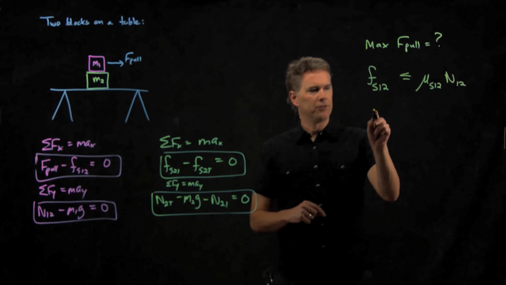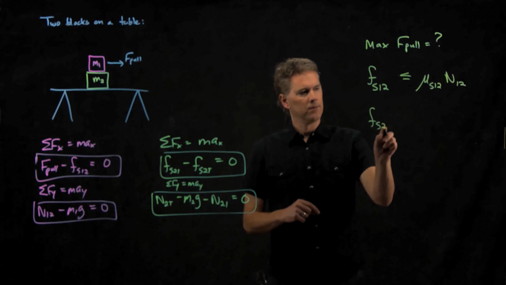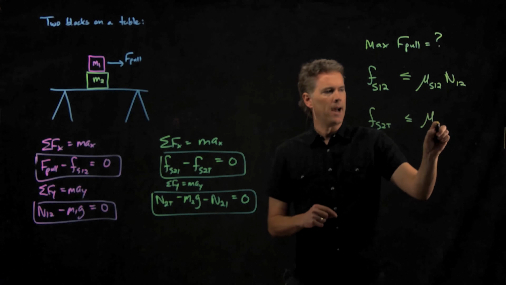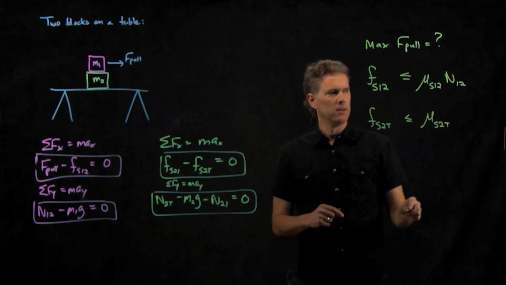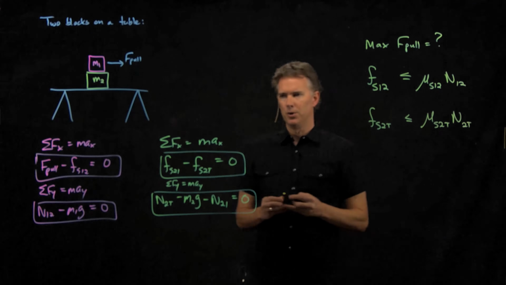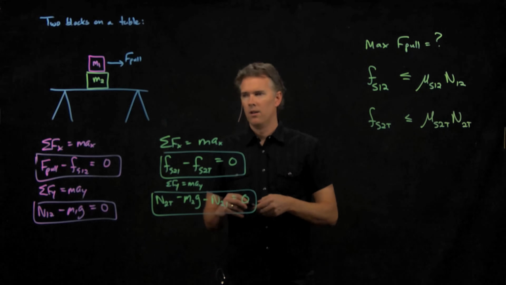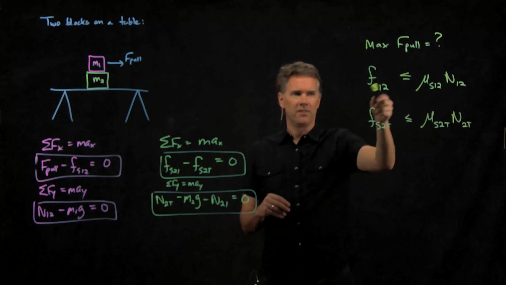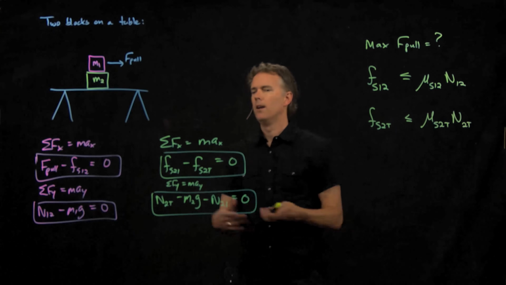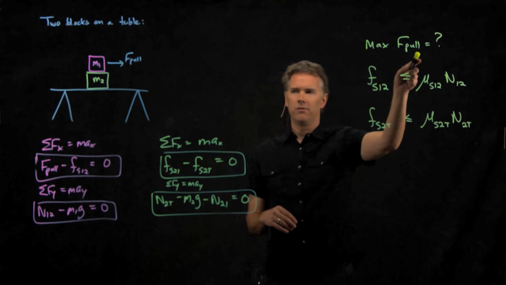And Fs2t is less than or equal to mu S2t times the normal force on 2 due to the table. So how do you figure out the max pull? You set these to the maximum. Okay? You set them to equal, and then you figure out how to solve for F pull.